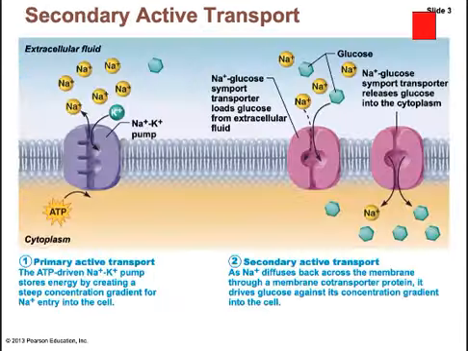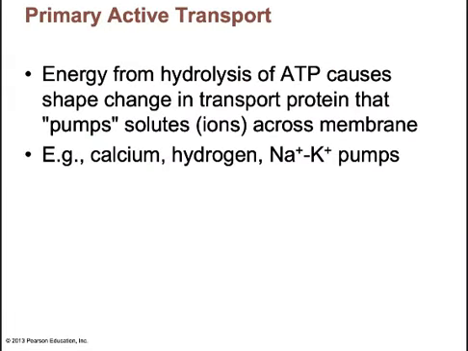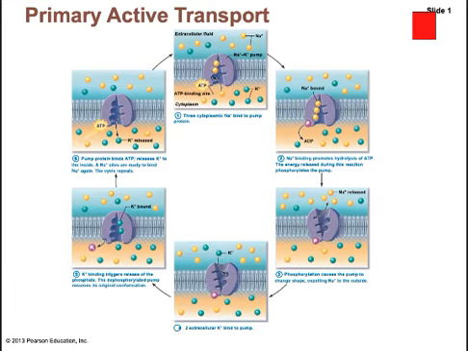In primary active transport, what we do is capture the energy from the hydrolysis of ATP in order to move material against its concentration gradient using an integral membrane protein as a pump. Examples include active transport of calcium, hydrogen, and the sodium-potassium ATPase, which is the most well-studied of the active transport pumps and uses 3/4 of the ATP in the body when it functions.